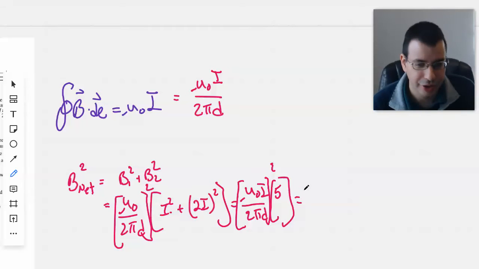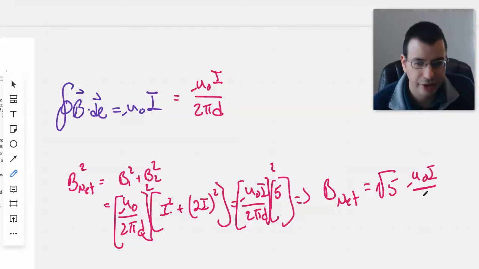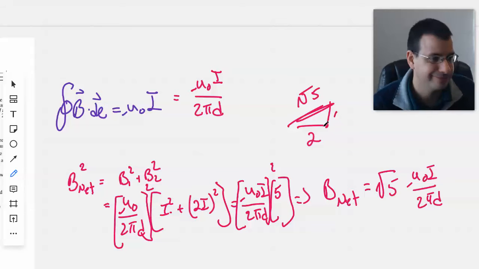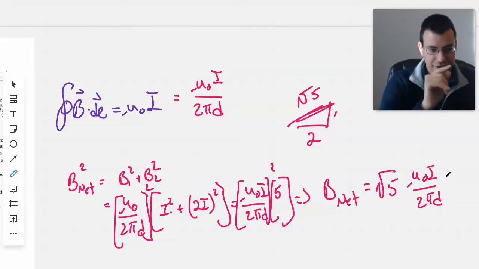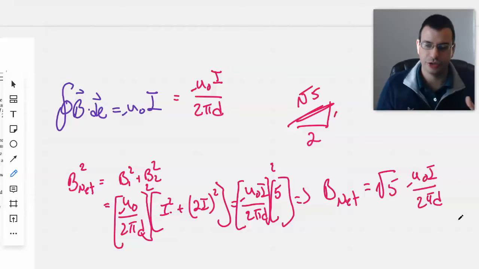Long story short, the ending that you probably already saw, square root of 5 mu naught I over 2 pi D. So what happened here was we have a triangle, we have 2, we have 1, the hypotenuse is square root of 5. And then all these others, the mu naught I over 2 pi D, well, they were squared, but then they were all square rooted.